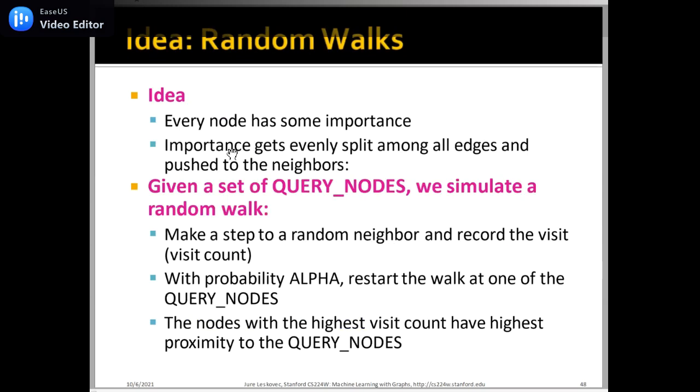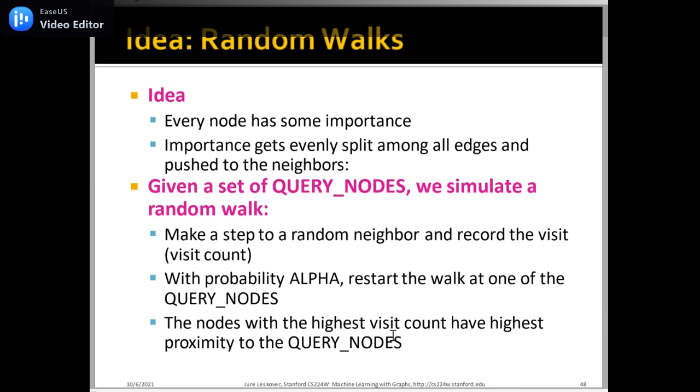Yeah, so the idea is, this is still the same, right? But what's additional to our previous PageRank is we have these query nodes, and we simulate a random walk. Every time, we still just randomly follow a link or teleport to a random node, but instead of teleporting to any node of the graph, we teleport to one node randomly in this query node set.